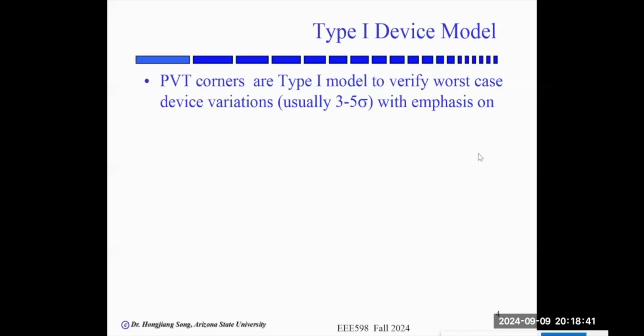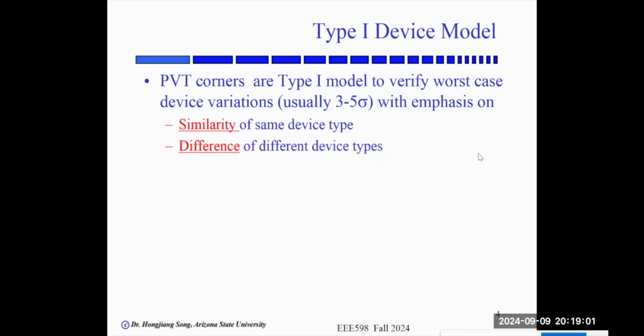Type 1 device models are used to model the worst case device variation of the different types of device. In this case, we are trying to emphasize the similarity of same type devices, especially when you have a replica. And the key of the simulation is really trying to validate when different type devices are varying significantly.